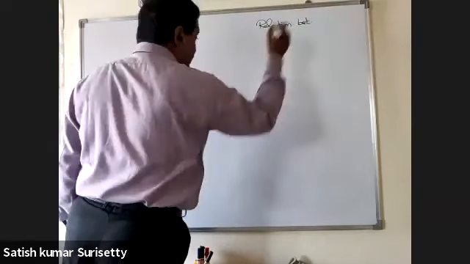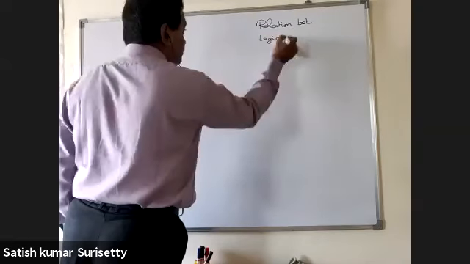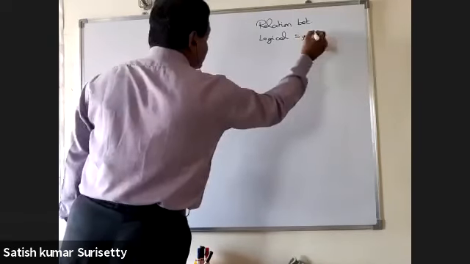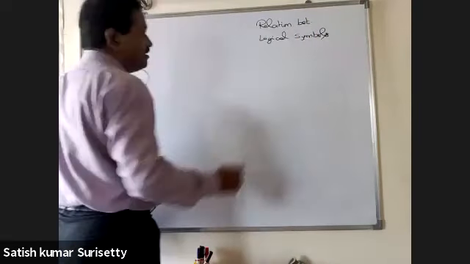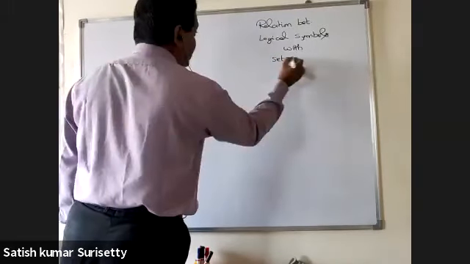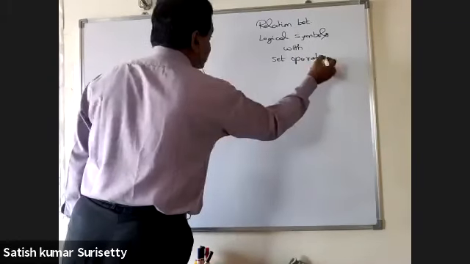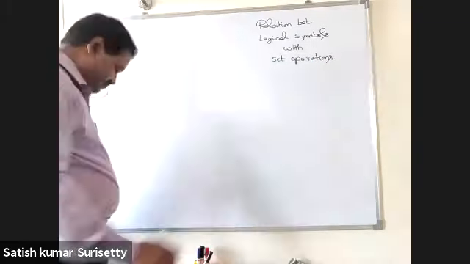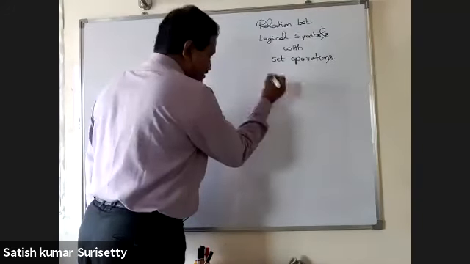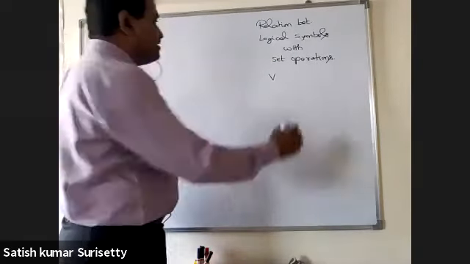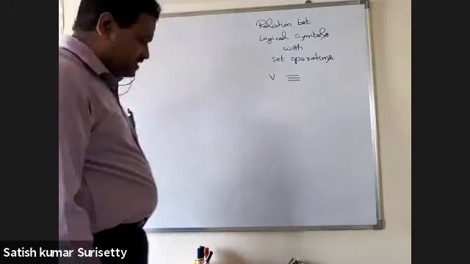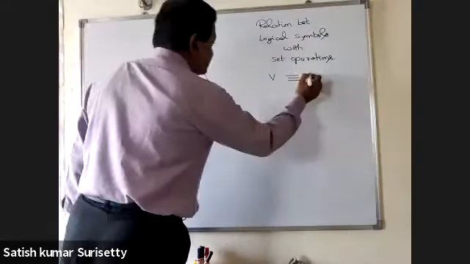Relation between logical symbols or connectives with set operations. The disjunction corresponds to the set operation union.